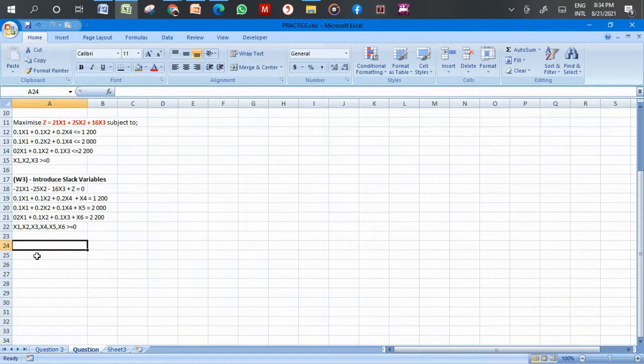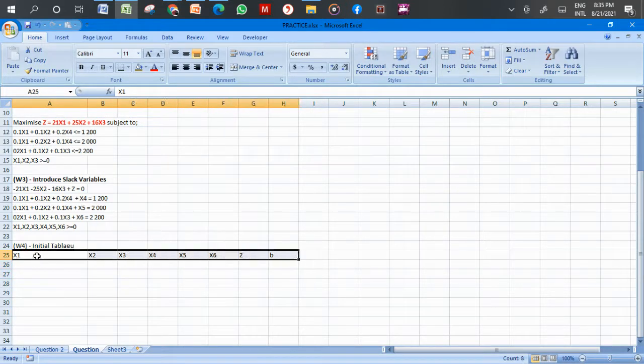Now that we have these solvable equalities, we can go to our initial table. In our initial table, we are going to have x1 here, x2 here, x3 here, x4 here, x5 here, x6 here. We're going to have our z, and another last column, let's just call it b.